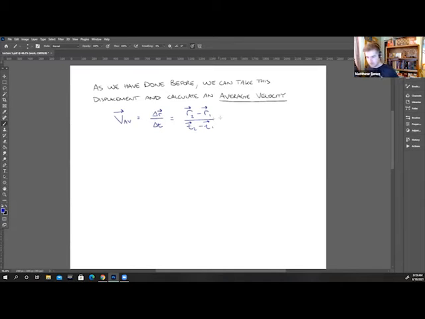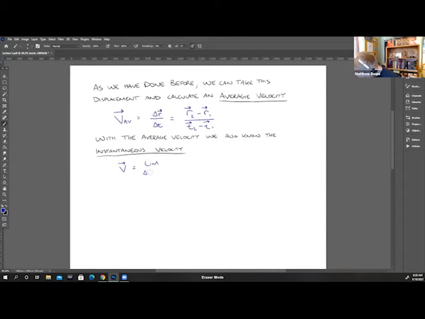With the average velocity, we can also look at the instantaneous velocity. I think we might remember what that was. It was the limit of the average velocity as time approached 0, as t approaches 0.